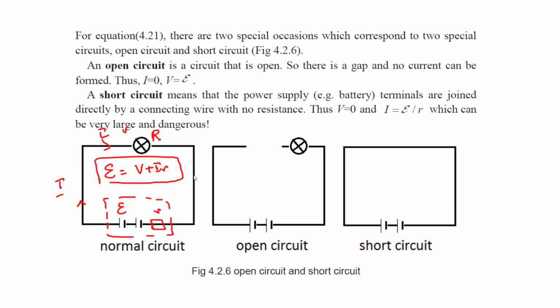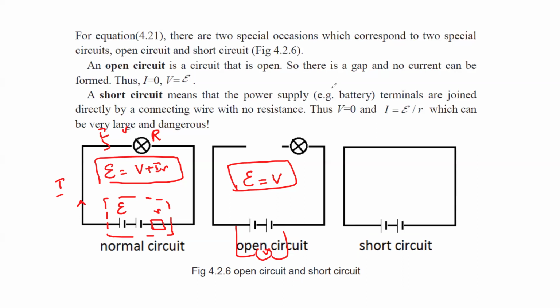So when I is 0, we can say EMF is equal to V. If we connect a voltmeter here, the reading on the voltmeter will be the same as the supply. Why? Because there is no current in the circuit. Practically, there will be a current in the voltmeter, but that is negligible and we neglect it. So in an open circuit, the EMF is equal to the voltage.